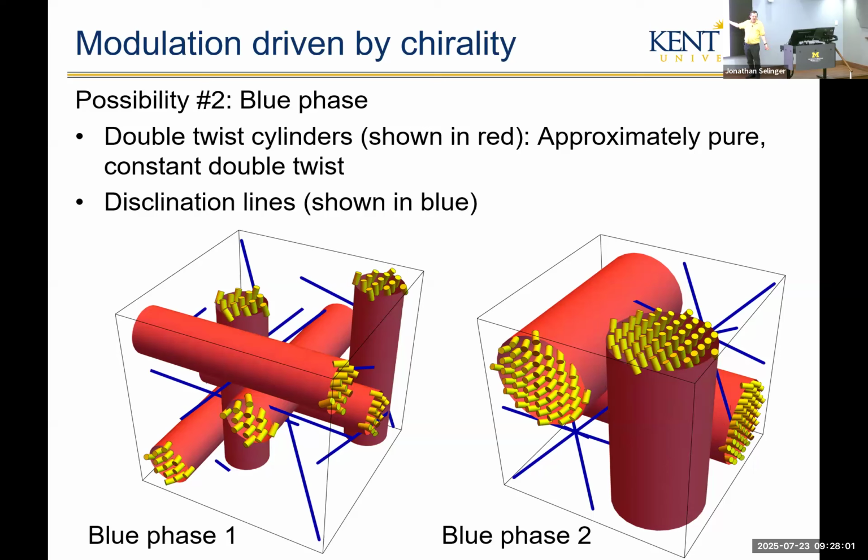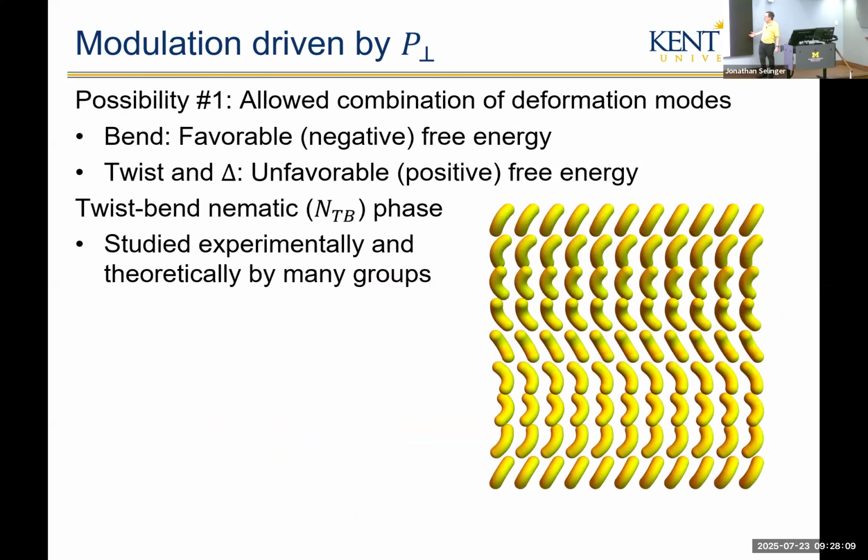The bend is an unfavorable thing for this material. Now, for a different material, which represents a different kind of molecule synthesized by a different chemist, this material has a negative free energy associated with bend. And then there's a separate question of how it can achieve that negative free energy. But again, I'm only talking about the stable states. The metastable kinetic states are a further issue.